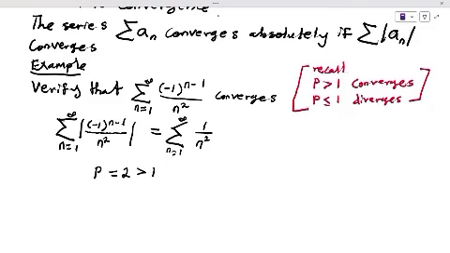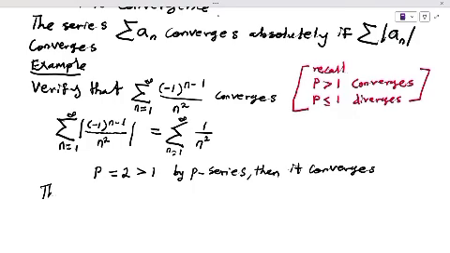It converges, right? Because our P is greater than 1, by P series, it converges.